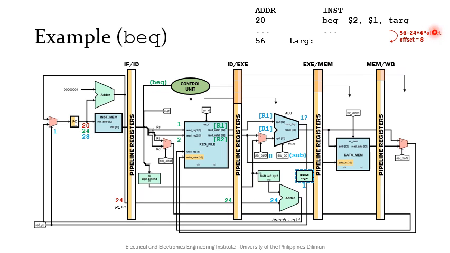The immediate 8, which was sign extended, delayed through the IDXA pipeline register, shifted left by 2 or multiplied by 4 to generate 32, is finally added using this adder to generate the target address 56.